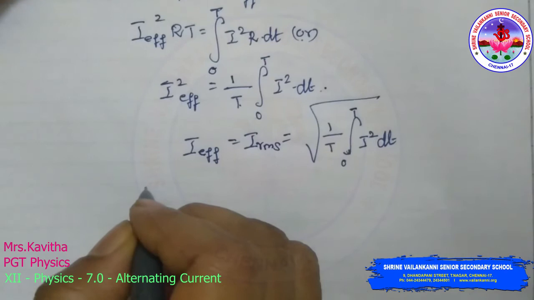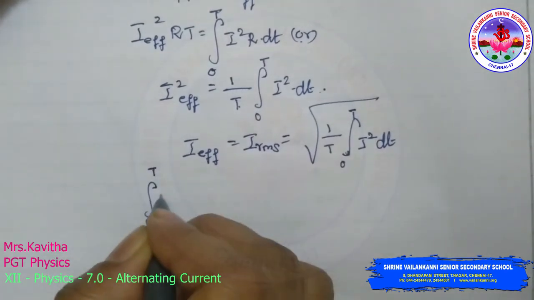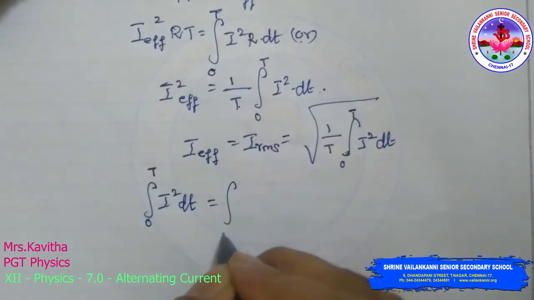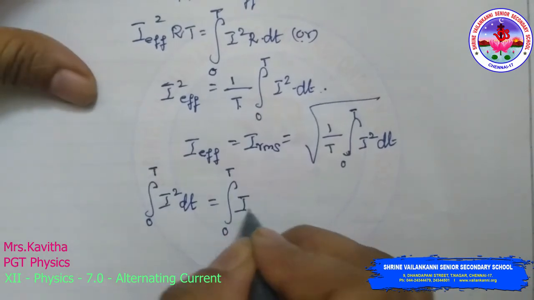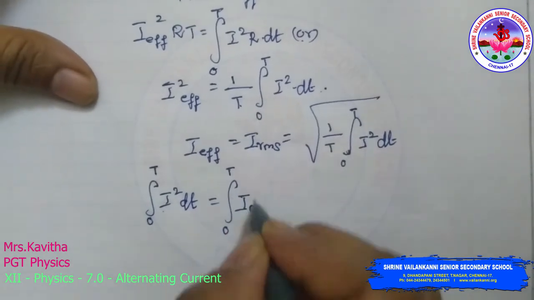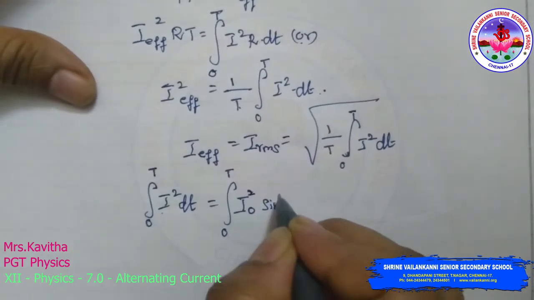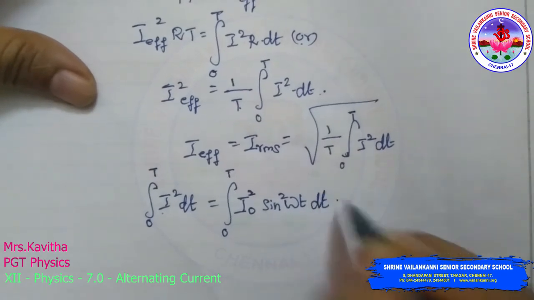The integration from 0 to T of I square dt is the integration from 0 to T of I naught square sine square omega t dt.